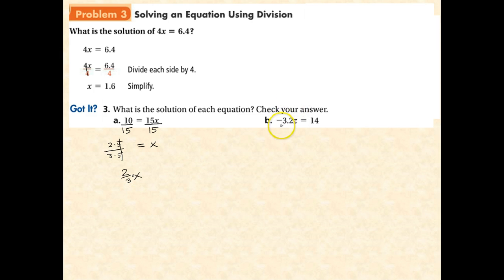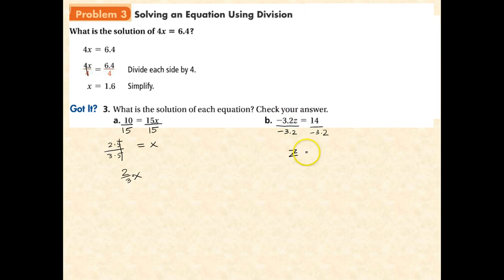All right, how about this guy? My variable is z. It's being multiplied by negative 3.2. So what is the inverse operation of multiplying by negative 3.2? It would be dividing by negative 3.2. Negative 3.2 over negative 3.2 is 1.